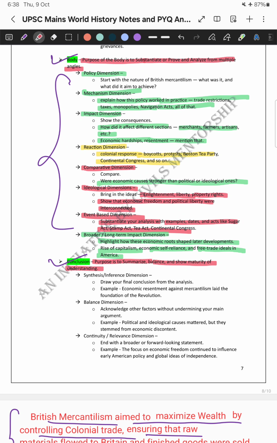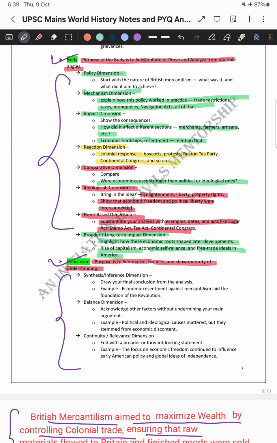Now you are concluding it. So over here also we can conclude our answer in multiple dimensions. It's not that we need to give all the dimensions in one answer, but I am showing you how you can conclude your answers in various dimensions. You can use any one of them based on the question.